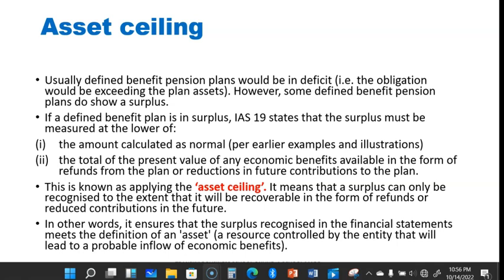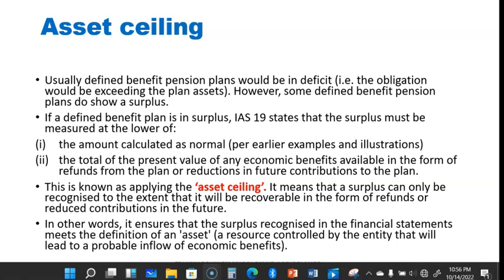So we are being restricted by International Accounting Standard number 19 that the surplus should actually be measured at the lower of the amount calculated as normal and the total of the present value of any economic benefit available in the form of refunds from the plan or reductions in future contributions to the plan.